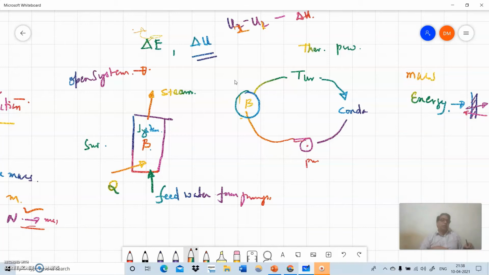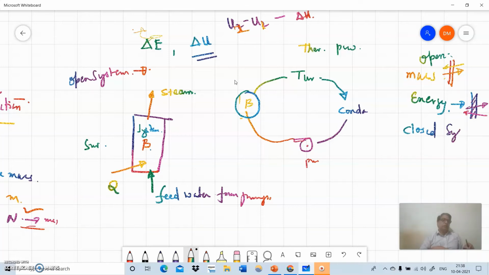Mass may or may not be there. If the mass crosses the boundary from the system to the surrounding or from the surrounding to the system, then it is called an open system. If mass does not cross the boundary, it is called a closed system.